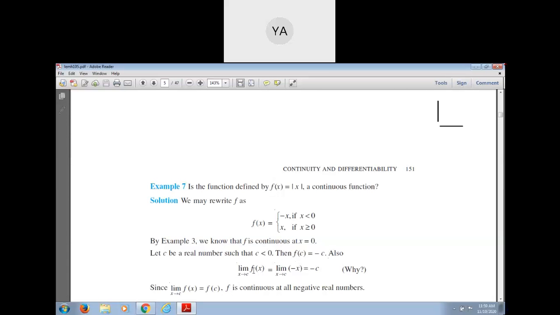And for that, we consider the left hand limit, that is the limit as x tends to c minus of f of x. Now tell me, what will it be? Because here c is less than 0, so it will be minus x.